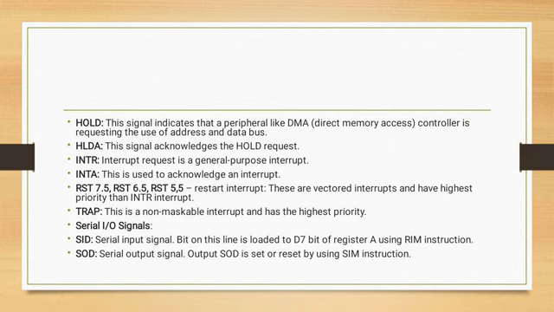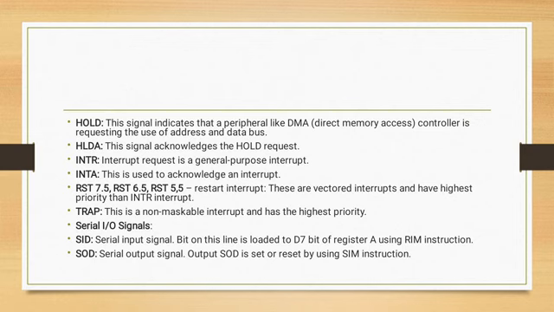There are several other pins which represent the interrupt pins: RST 7.5, 6.5, 5.5 and TRAP. These are the basic interrupts. Among all of the interrupts, TRAP is the highest priority interrupt, and the location from which the next instruction is picked up for TRAP is 0024.